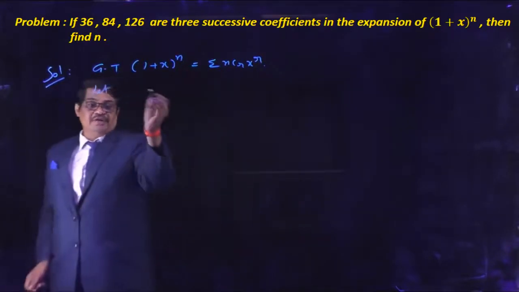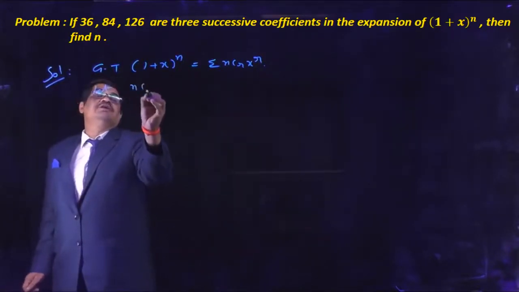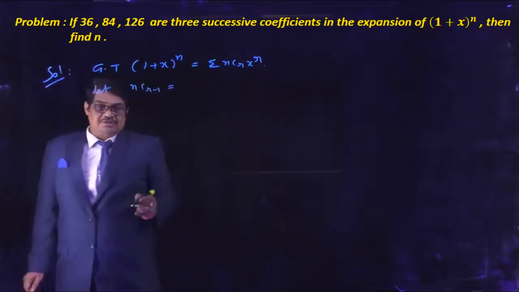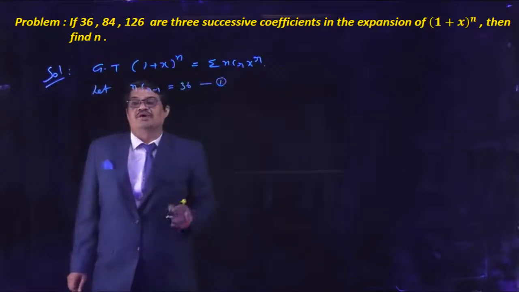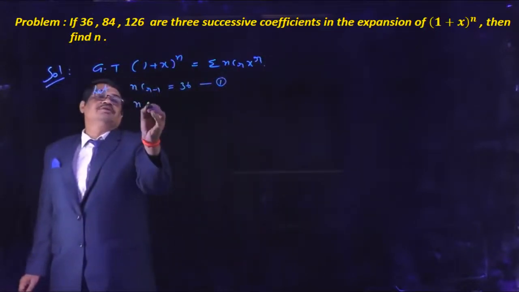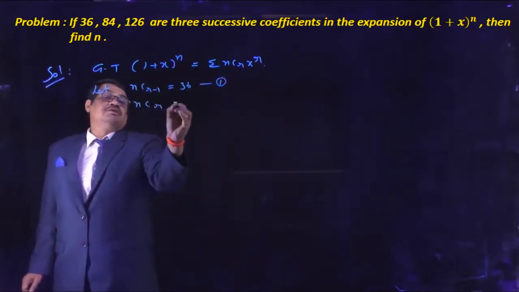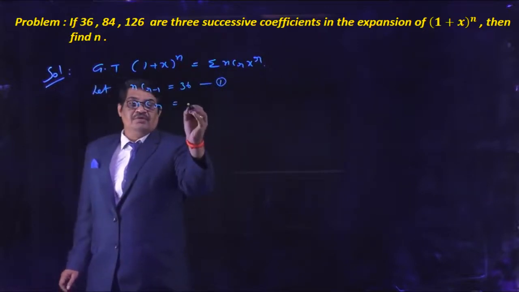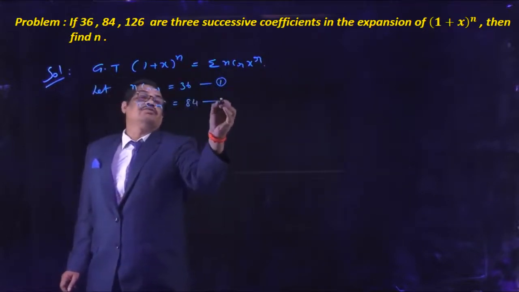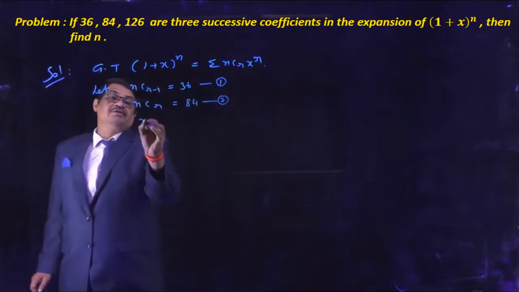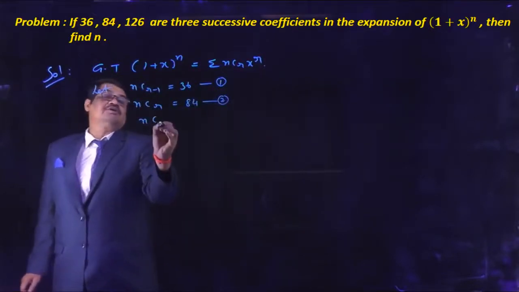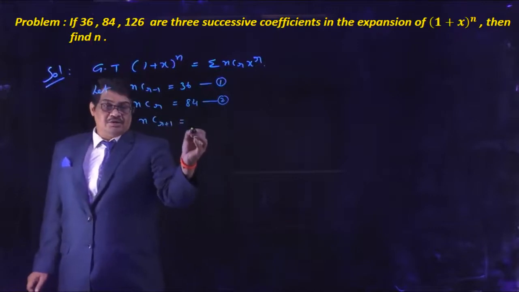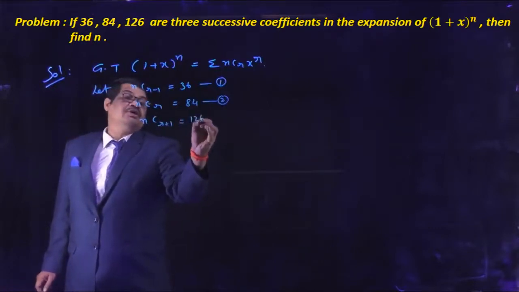That is nC(r minus 1), that is given 36, that is equation 1. Next we have taken this term nCr, that is the value is 84, and we have taken third term coefficient, that is nC(r plus 1), that is given 126.